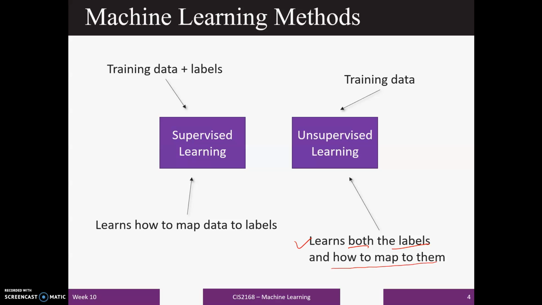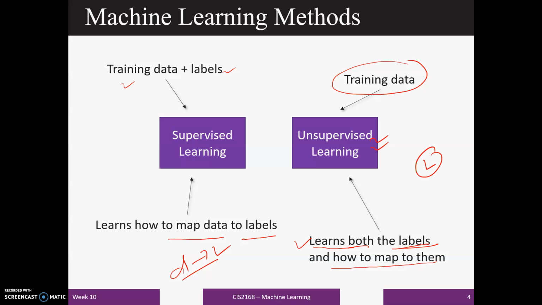So here you are using the training data and labels, and you are mapping data to labels. Here you are using just the data, with unsupervised machine learning methods. And what you are doing is learning both the labels and how to map. You want to understand the label and mapping mechanism with the data. Both you are performing in the case of unsupervised machine learning techniques.